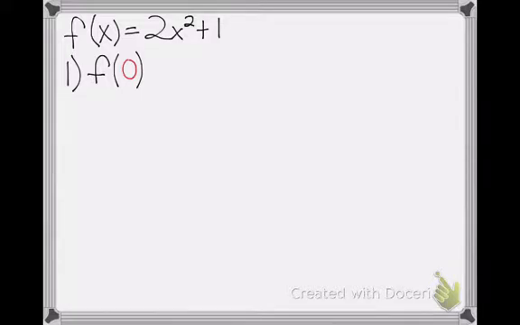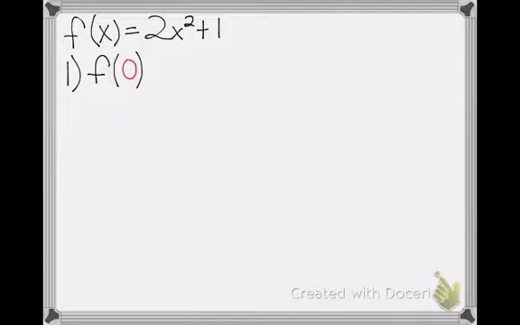In this example we're given the function f of x equals 2x squared plus 1, and in part 1 we're asked to find the output corresponding to the input x equals 0. The way most people refer to this is plugging the number 0 into the function.